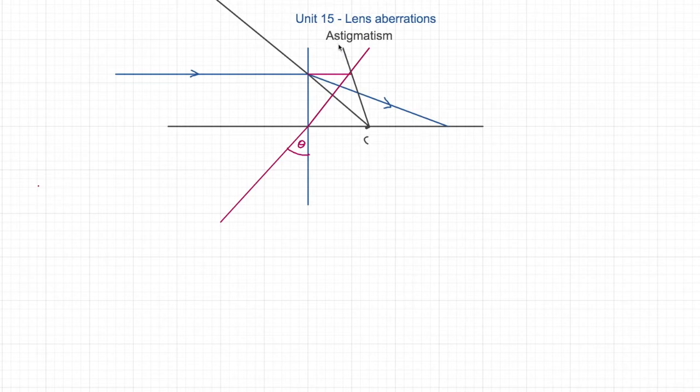And all of the rays along that meridian will be focused closer to the lens. So effectively, the sphere lens has become a spherocylinder lens simply by tilting it. And there's the angle of incidence.